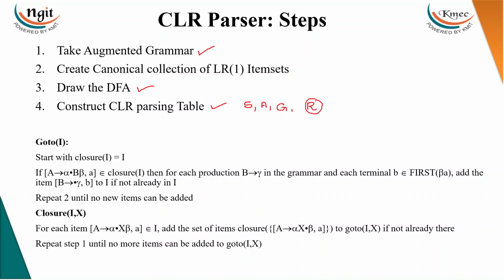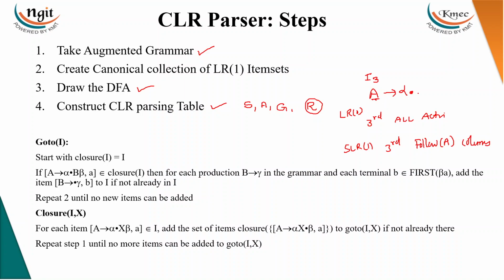How? See, in LR0, if you have A tends to alpha dot in I0 or I3 for example, in LR0 we perform the reduce in the third row in all columns of the action table. In LR0, no lookahead symbol. In SLR1 we perform it in the third row only in the follow of A columns. We find the follow of A, and only there you perform the reduce.